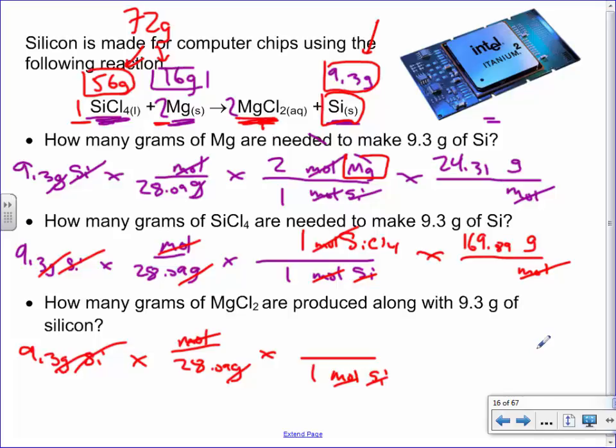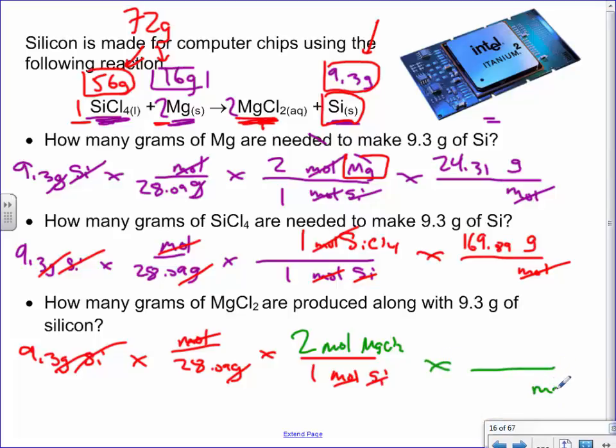I can do the same work now, and instead I'm going to look for my magnesium chloride. So there are 2 moles of magnesium chloride for every 1 silicon. The only difference now is that when I use a molar mass at the very end here, I use magnesium chloride's molar mass. So 35.45 times 2 plus 24.31.